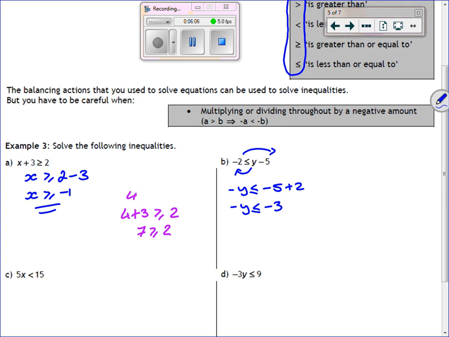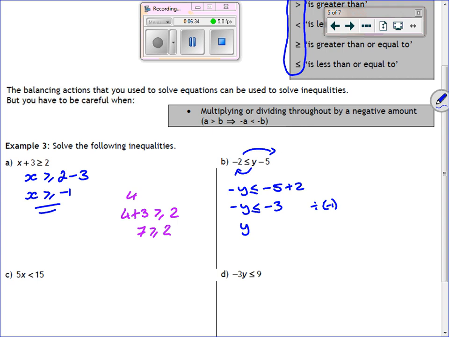We have got minus y here, so we want to make it say positive y. So all I want to do here is just divide by the negative 1 that's attached to it. So dividing by negative 1 changes all negatives to positives and all positives to negatives. So I would get y, but this time, when it's a normal equation, the equal sign doesn't change.